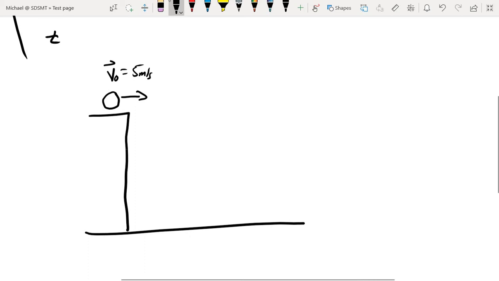And we'll say that the height of the cliff is 30 meters. And things I would like to know are how long is it going to take for the rock to reach the ground? What will the impact velocity be? And you'll notice I have that written as a vector.